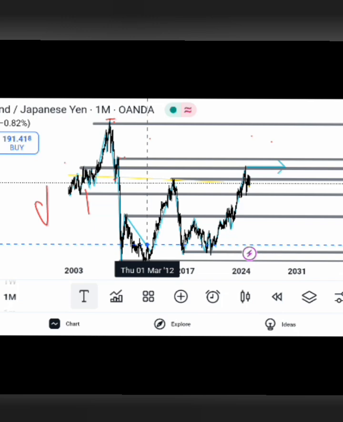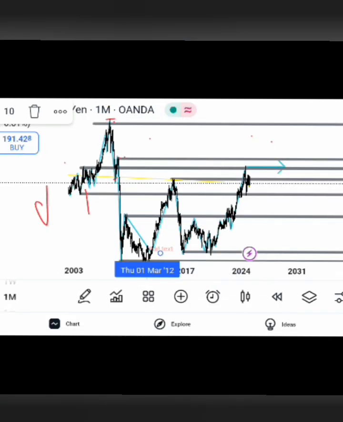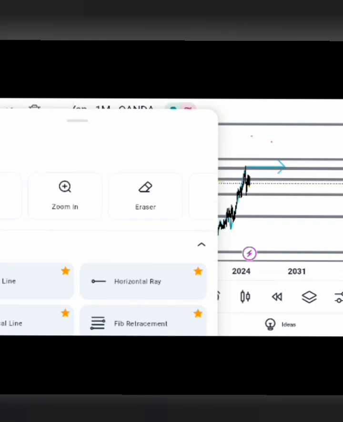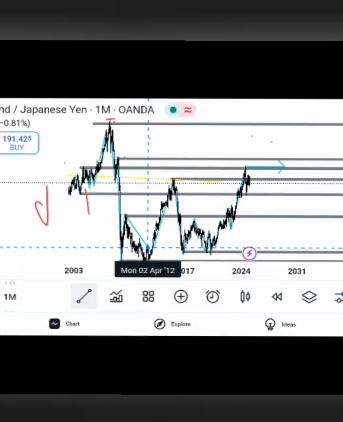So let's say it came to retest. Can you see it? Let me use a trend line. Can you see this internal high that was broken before?